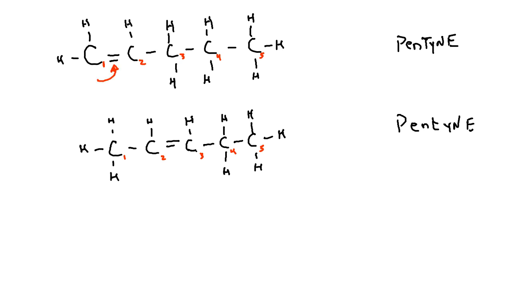And this one with the bond on carbon 2, we picked the lowest number, could be a sweetener for your coffee. So they're very different. So what we have to do is tell you where the bond is. So this would be called, because of where the bond is, a 1-pentyne. The second one would be a 2-pentyne.